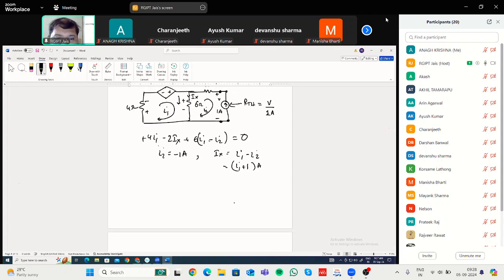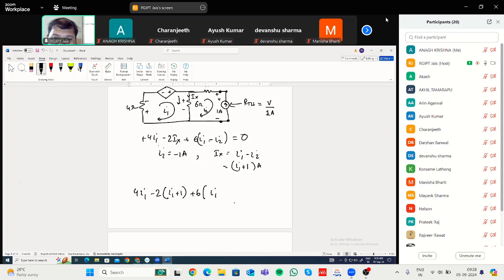Now putting these values here: 4 I1, minus 2 Ix, where Ix is I1 plus 1, plus 6 (I1 minus I2), where I2 is minus 1.